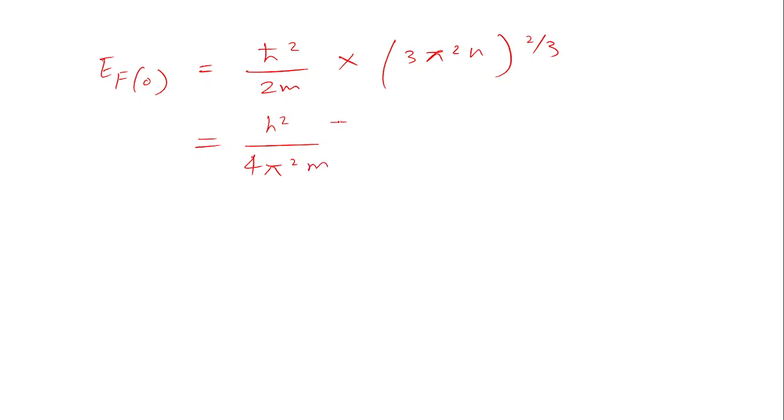This pi square outside means pi, 4 by 3, 3n to the power 2 by 3. Substituting values and calculating everything, the final answer I am giving you, it will be 8.8 times 10 to the power minus 19 joule.